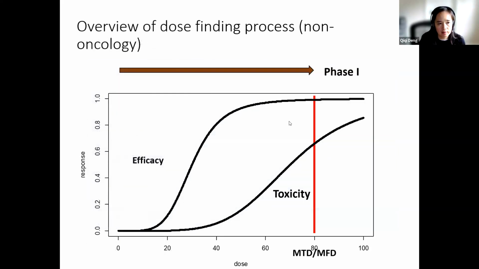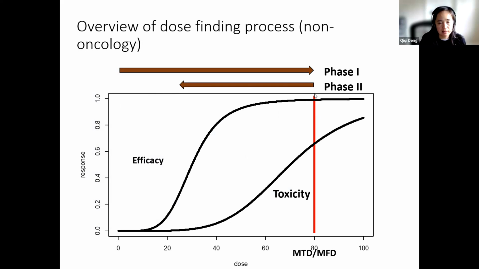And then the other thing we mentioned for phase 2 is to find out what dose is the best for later testing. For that, I think we do a slightly different process that we go from the higher dose to the lower dose. We go backward.